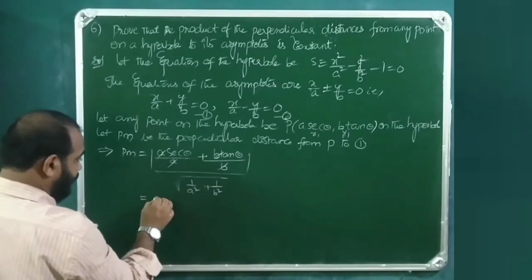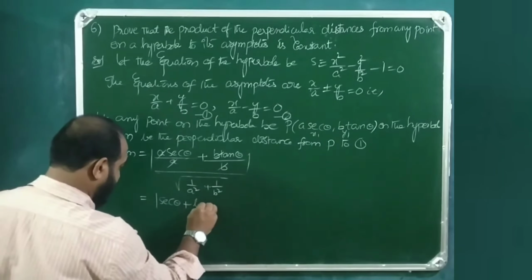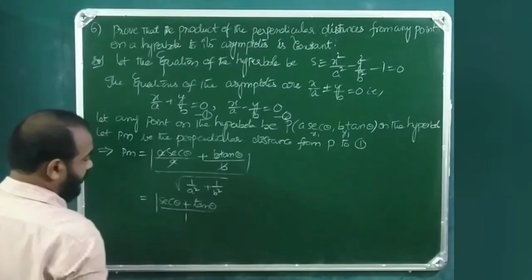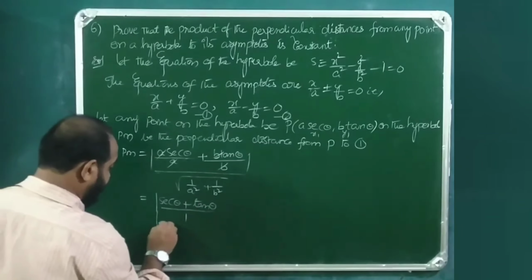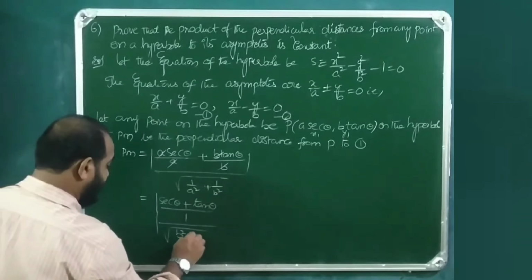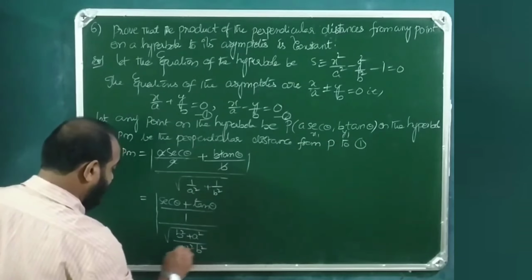So these two get cancelled. This is equal to secant theta plus tan theta by 1 into, taking the LCM, b square plus a square by a square into b square.